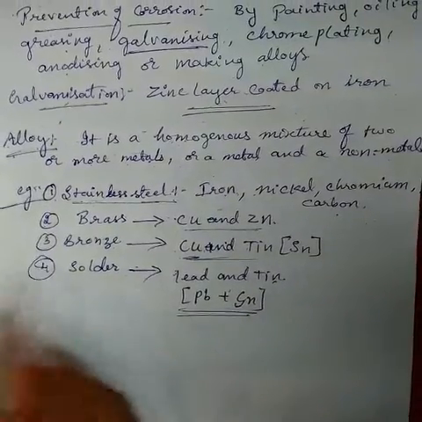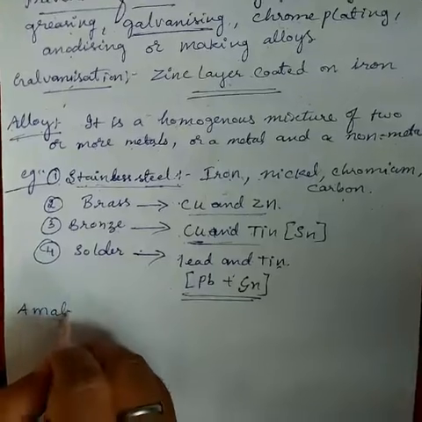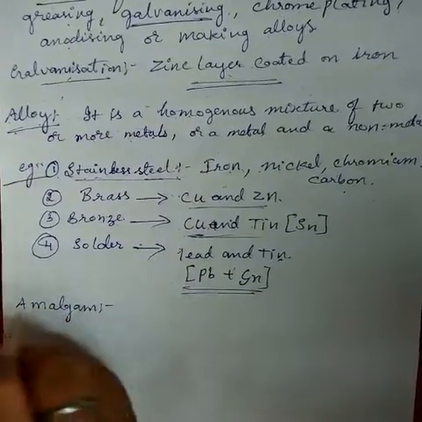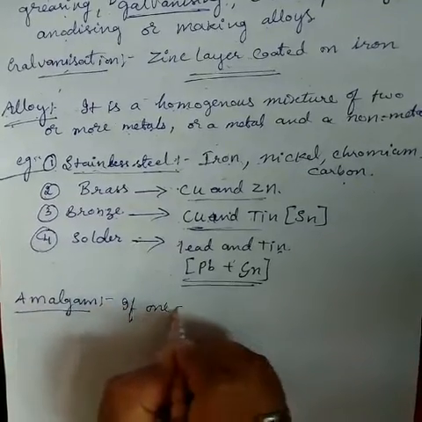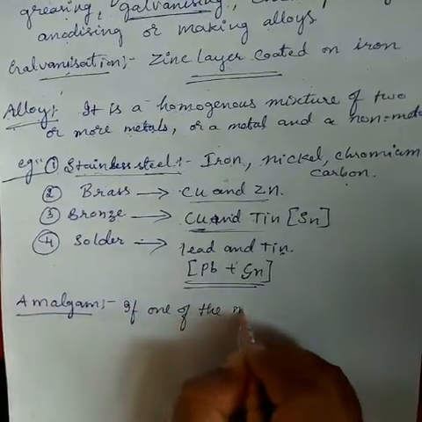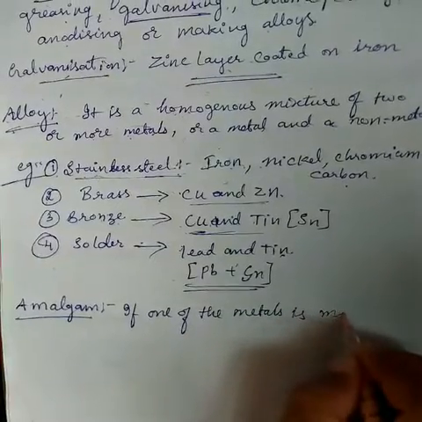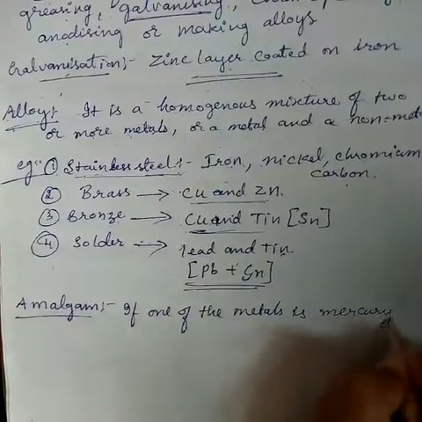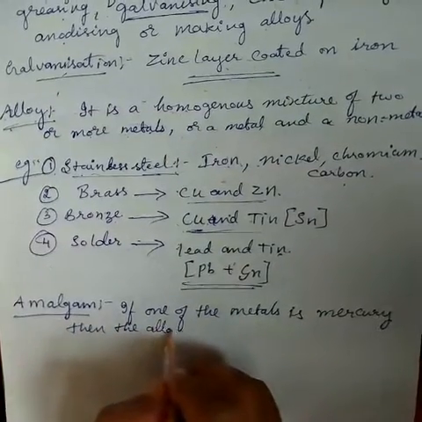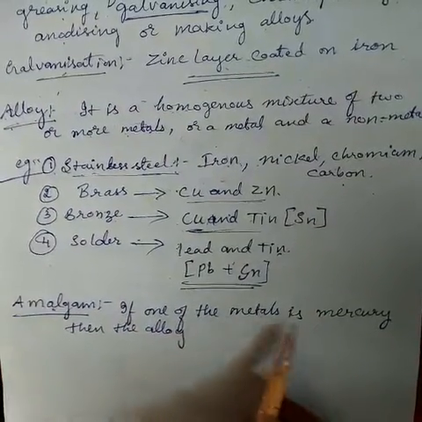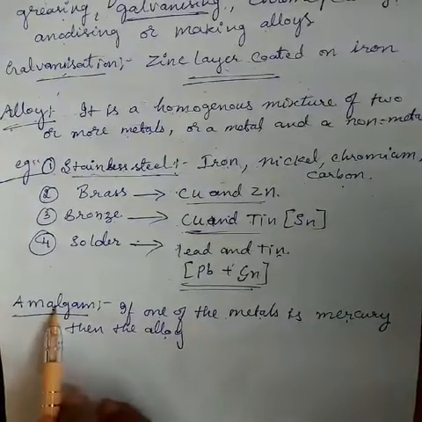Next, one of the topics is amalgam. What is an amalgam? That is very simple. If one of the metals is mercury, then the alloy is known as an amalgam.